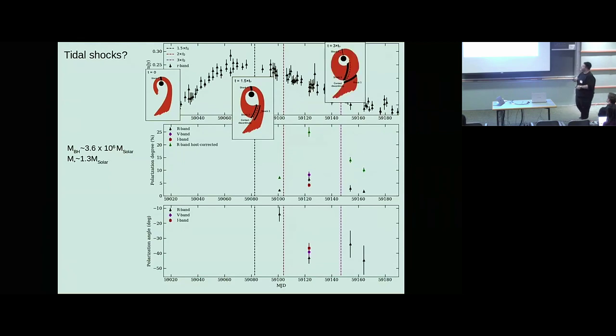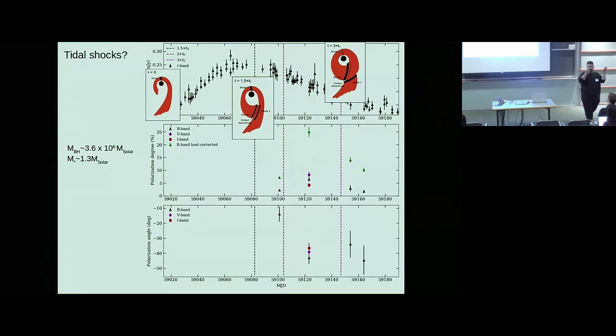And then at 3 times that timescale, you expect the stream has circularized, the outer shocks still are the dominant component before the accretion disk fires up, and shock 1 has dissipated away.